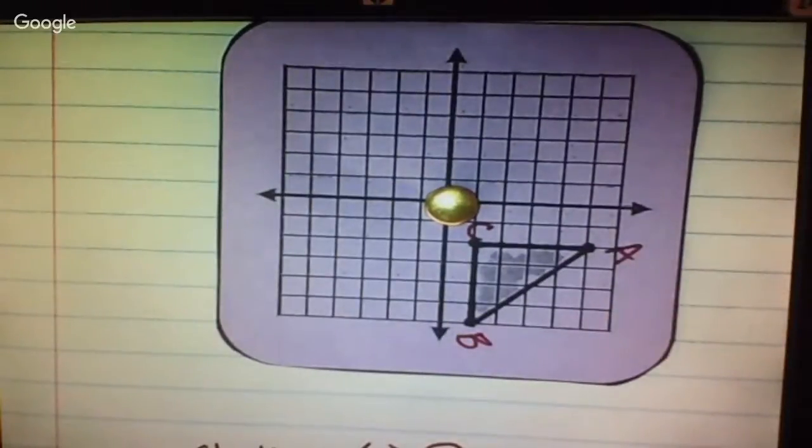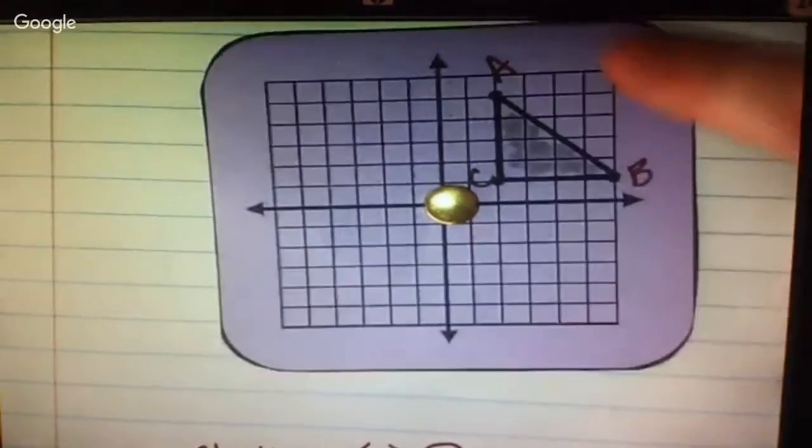So 90 degrees clockwise and 270 counterclockwise is the same exact thing. It's the same exact movement. It's just one goes 3 spaces around to the left and the other one goes 1 space around to the right. Okay, so let's go back to my original.